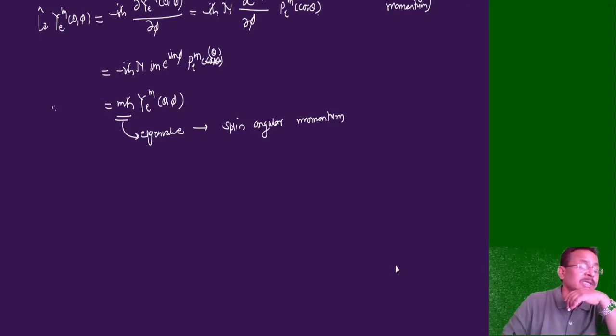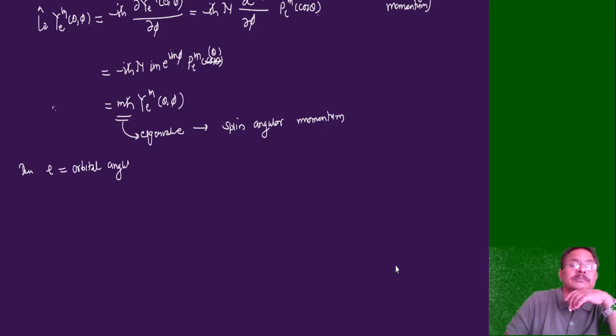Thus small l is the orbital angular quantum number, and this small m is the orbital magnetic quantum number.